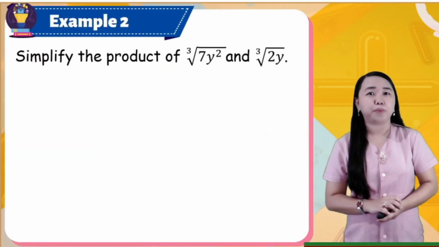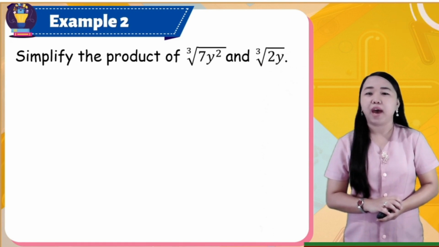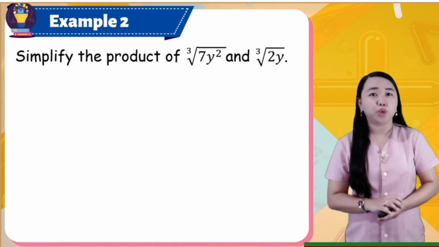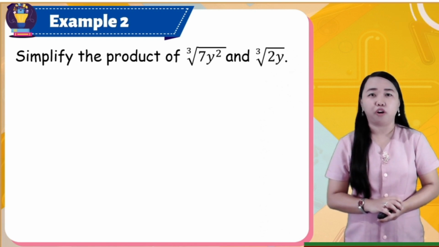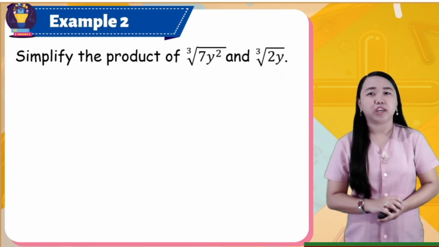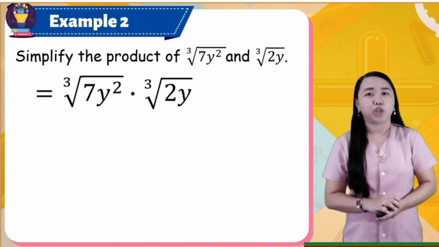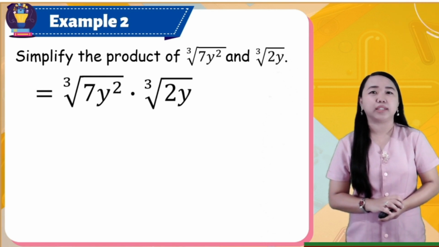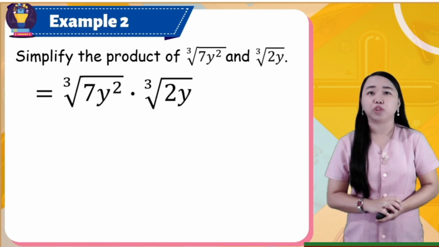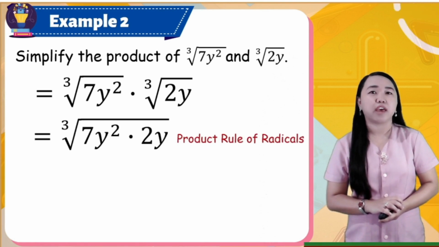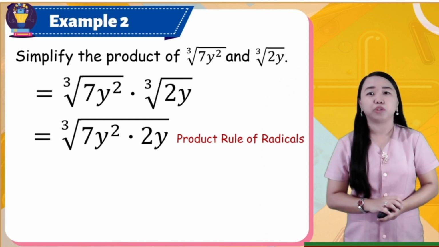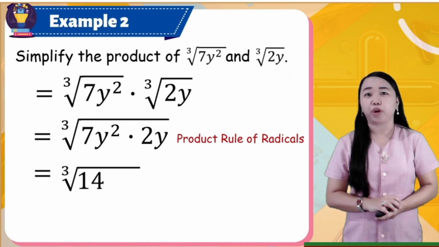Example number 2: simplify the product of cube root of 7y squared and cube root of 2y. Applying the product rule of radicals, we have cube root of 7y squared times 2y. 7 times 2 is 14.